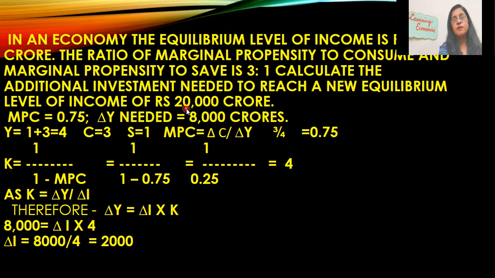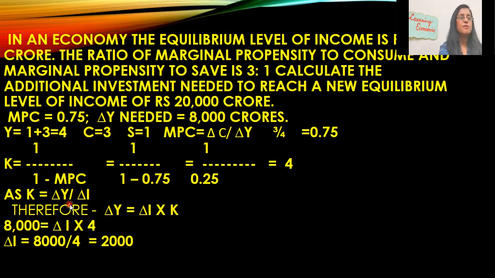That was 20,000 crore. Once again, because it was given 3:1, we can say that Y is equal to 1 plus 3 is equal to 4. Consumption is 3, saving is 1, and then we can find MPC. MPC is delta C upon delta Y, which comes to 0.75. In this manner, K is equal to 1 upon 1 minus MPC, 1 minus 0.75, 0.25, which is equal to 4.